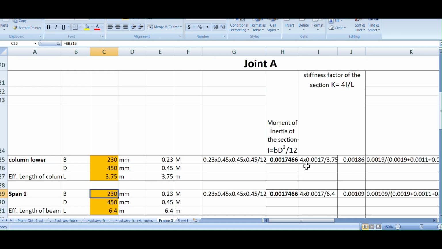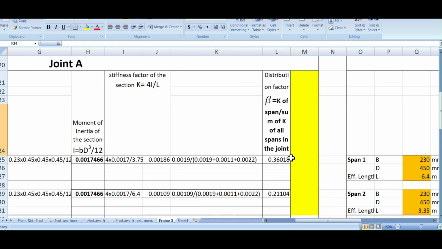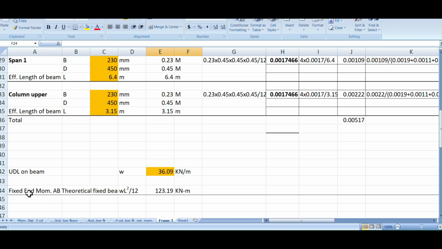The same thing as we saw previously: measurements in meter, then a sample calculation for the first reading, then the moment of inertia, then the k value, then the beta value and distribution factor. These things we have calculated here, and the bending moment is also calculated here. These things I have fed in the formula bar. It is possible for you to see it on YouTube. Otherwise, please see the formula bar on your laptop. That will be more useful to you.